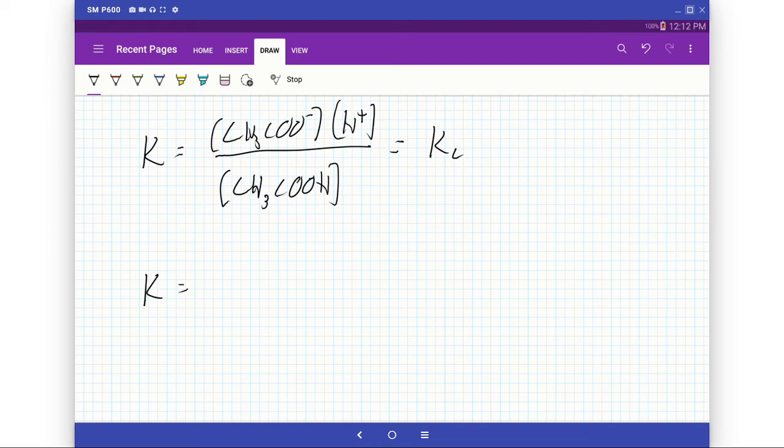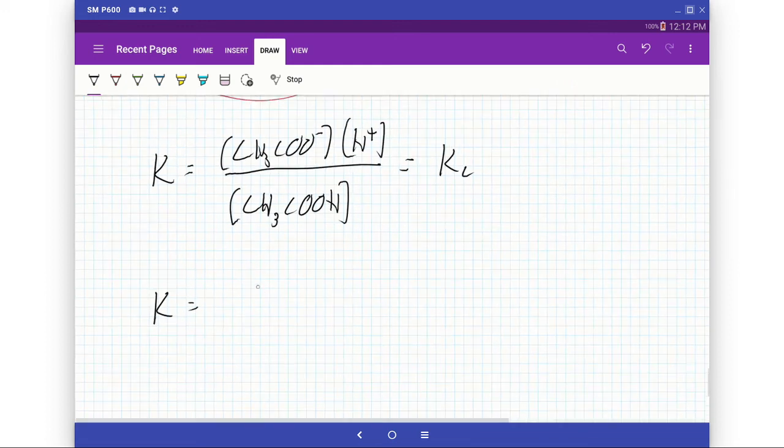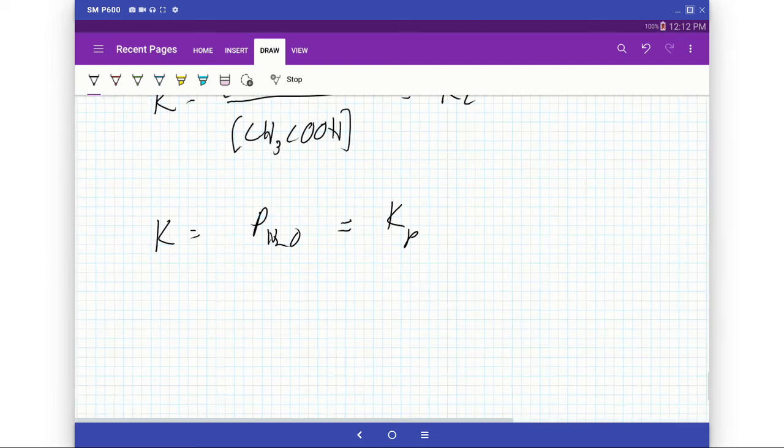Okay, you're talking about the fourth one, the H2O liquid. Okay, I got K is equal to the pressure of H2O because the liquid gets removed. The liquid has unit activity, so K is simply equal to the pressure of H2O, and that also happens to be Kp for that reaction because it's just gaseous. Excellent. Yeah. And someone else for the last one.